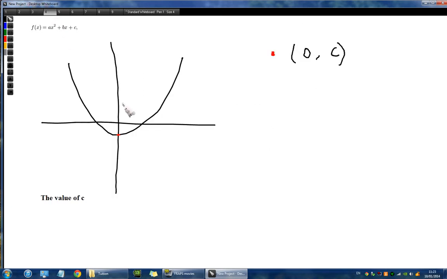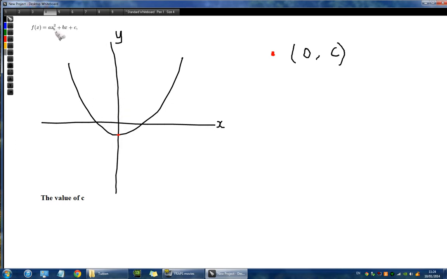If we look at the value of c in this equation, let's really think about what it means. In the linear equation, when you have y equals mx plus c, c is the intersection with the y-axis, and in the quadratic equation, it's exactly the same thing. The y-axis is the point where x equals 0.